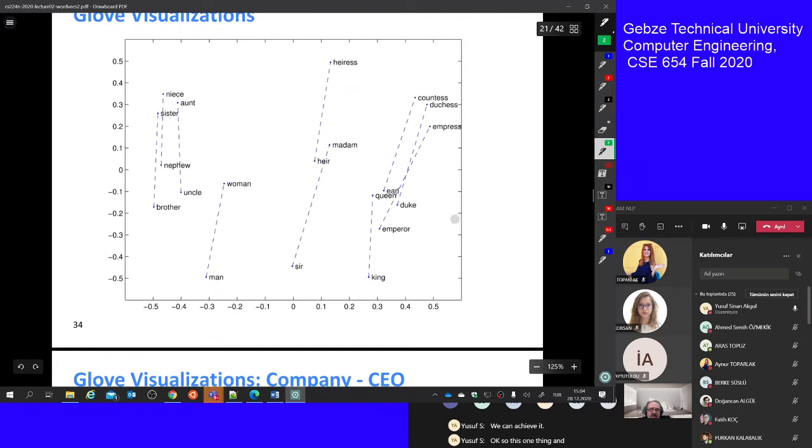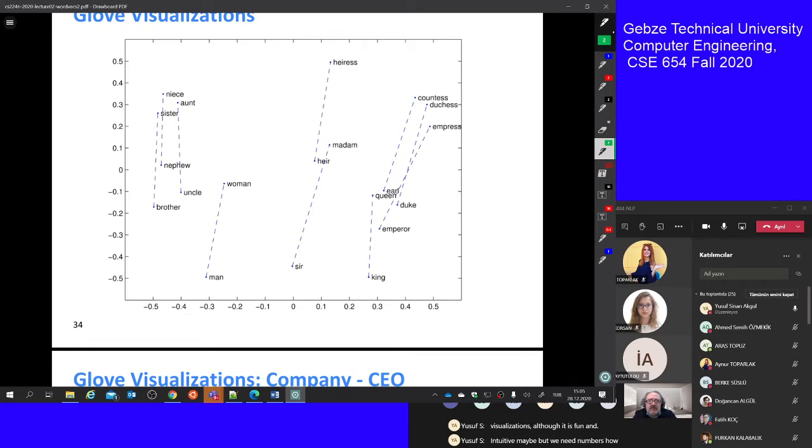So this is one thing. And with the analogies, I see this. These vectors are very similar to each other. Brother and sister, nephew and niece, uncle and aunt, man and woman, sir and madam, king and queen, emperor and empress, etc. So these are very similar vectors in the GloVe visualizations. But looking at these kinds of visualizations, although it is fun and maybe intuitive, we need numbers.